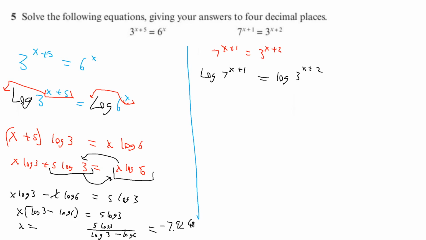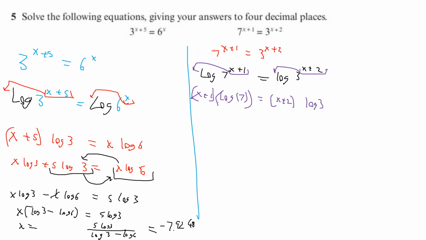And again, let's take the logs and bring them to the front. So therefore, x plus 1 log 7. Right? Actually, other way, sorry.